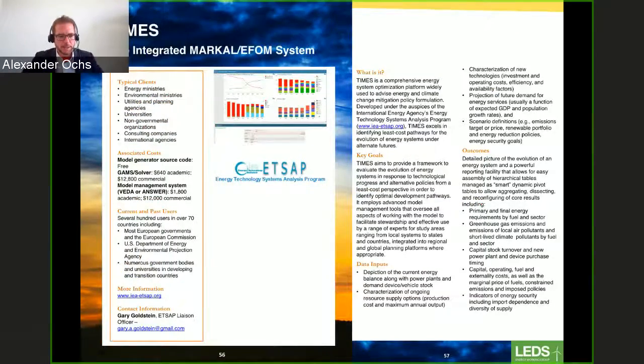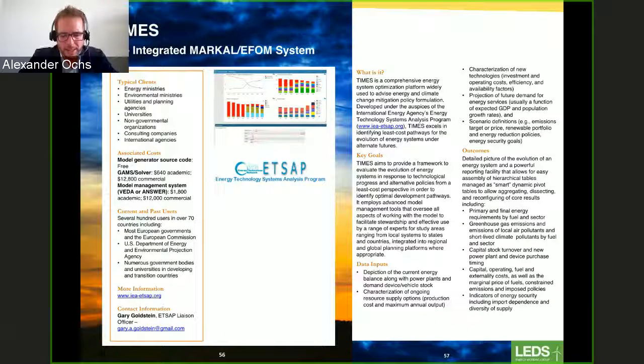Finally, this last model is called TIMES. It's an integrated Markal-EFOM system. TIMES aims to provide a framework to evaluate the evolution of energy systems in response to technological progress and alternative policies from a least cost perspective.